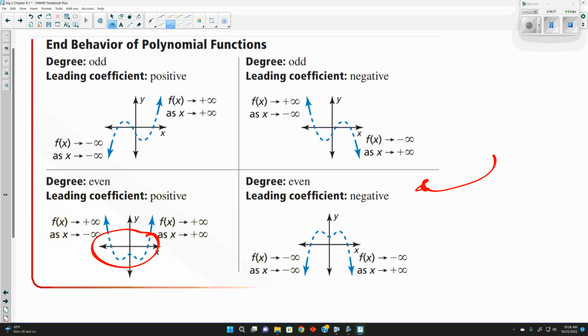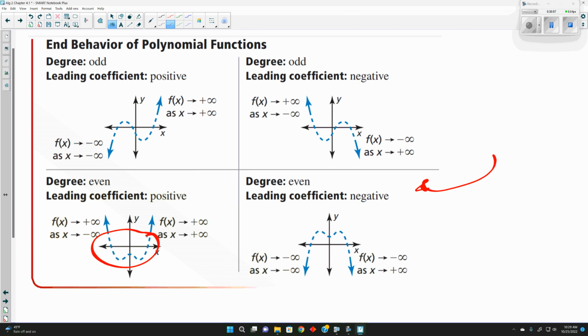So what we say is that as x is going to infinity, f of x approaches positive infinity, and so we'll say plus infinity, as x approaches positive infinity. And f of x will approach positive infinity as x approaches negative infinity.